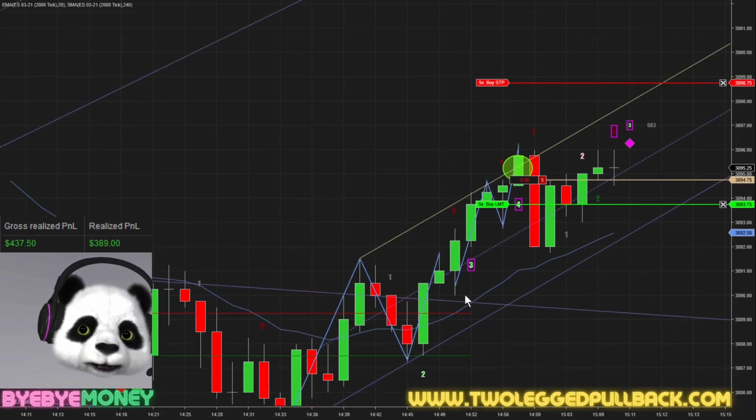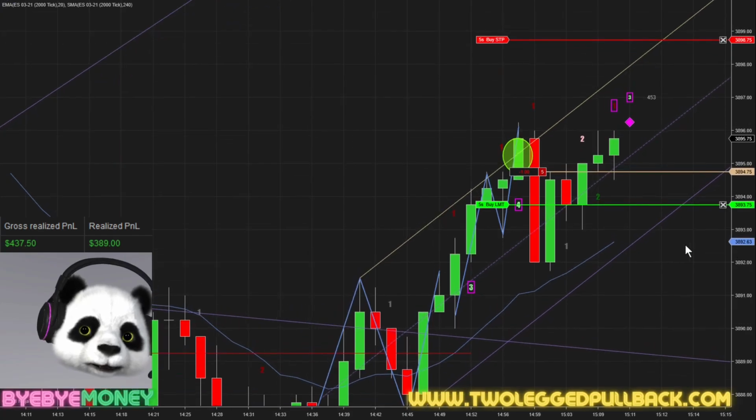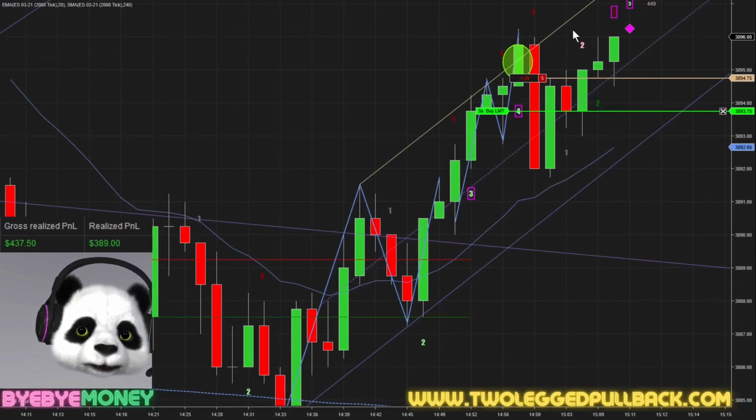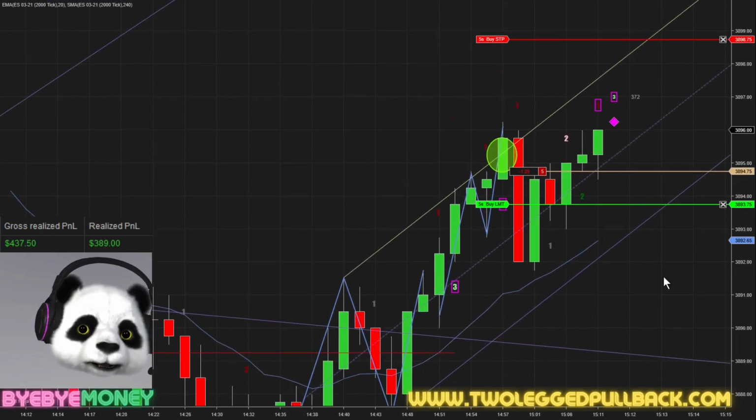I'm just thinking after the H4 failure, double test here, double top. The only thing is, with a lower high, we were still in an uptrend, so this could bite me in the butt here.